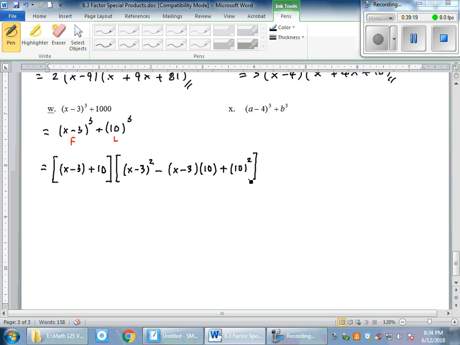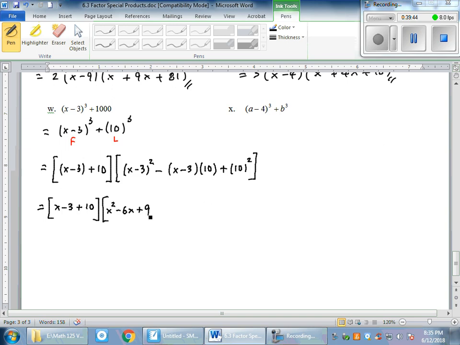So if you continue simplifying this, this will become x minus 3 plus 10, right? Take out the parentheses. And using the shortcut formula to multiply this out, this will become x squared minus 6x plus 9.